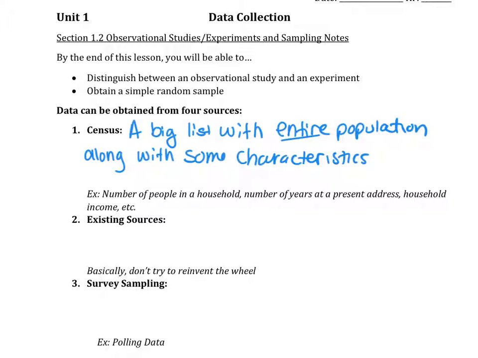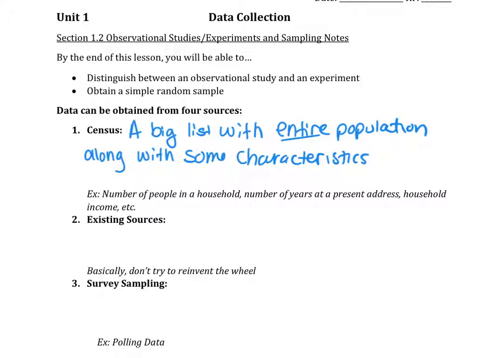So there's like the U.S. Census that they do every few years, and they ask questions like how many people are living in your household, how many years have you lived here, what's your household income, stuff like that. So the census has all of that information.